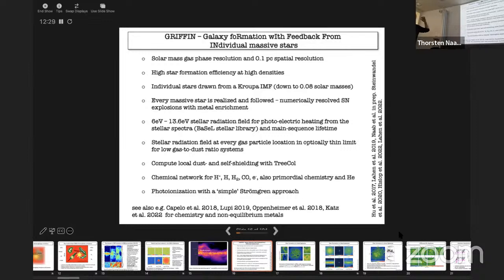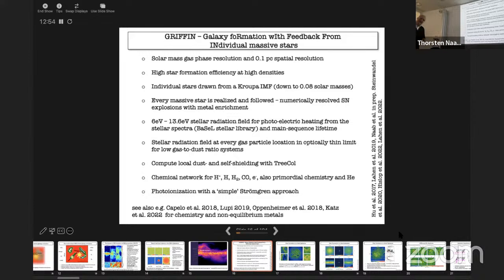In the latest model, we draw individual stars from a full initial mass function. We realize every massive star. We keep track of its injection properties, radiation, winds, supernova explosion times, enrichment histories. We track the lower mass stars for their contribution to the interstellar radiation field.